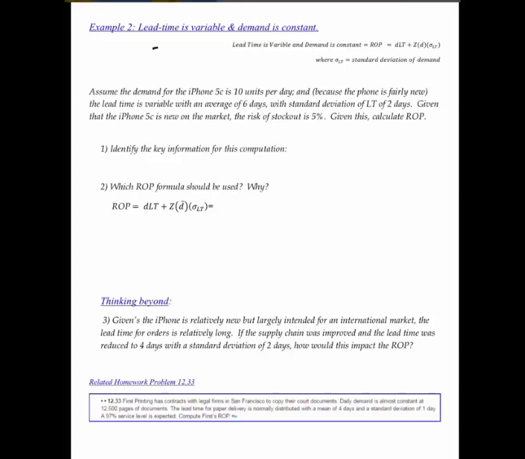So we know that means the lead time is going to be variable and the demand is going to be constant. So we've got a lead time of about 6 days with a standard deviation of lead time of about 2 days, and then we have a daily demand of 10 units. So we've got the key information that we need to worry about.